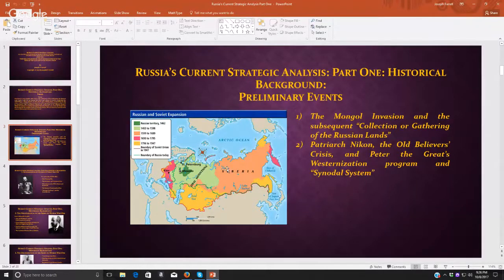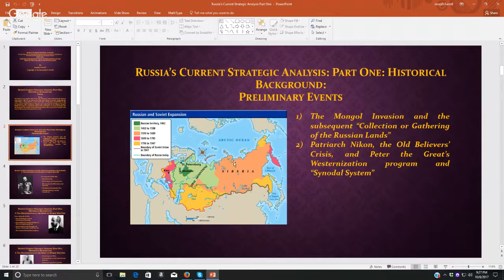But the bottom line here is that the strategic calculation was really what was behind all of this. Ivan III began the process of collecting the Russian lands, in other words, all the Eastern Slavs, under one central government here in Moscow, and creating European Russia. The rest of this is strategic calculation, and you have to look at this with a certain air of respect, because the Russian Empire was actually quite successful up all the way to this day in defending and maintaining this gigantic, vast territory, which of course is also quite resource rich.